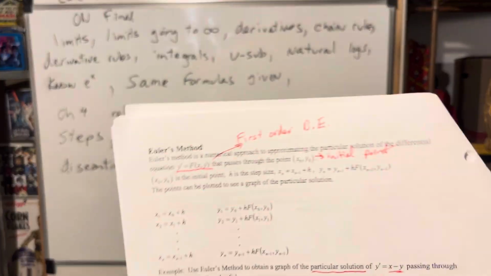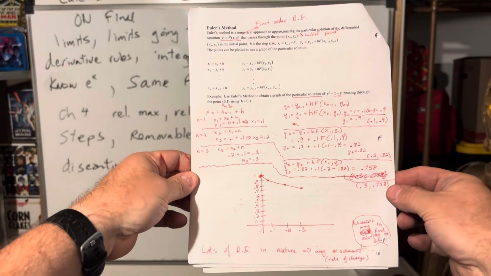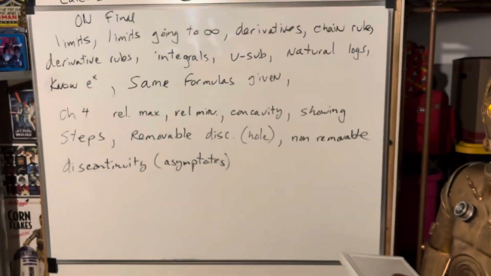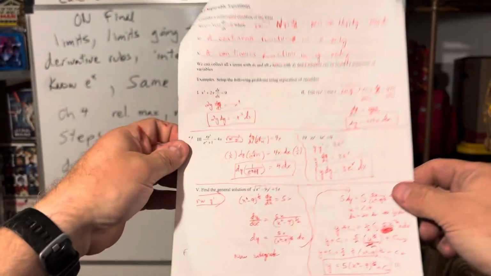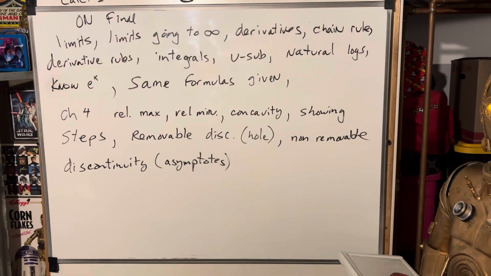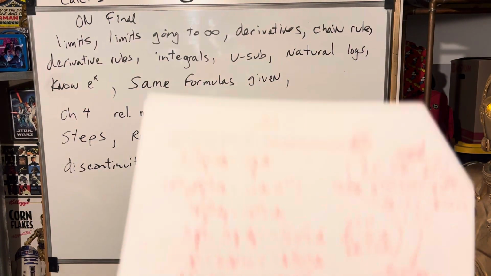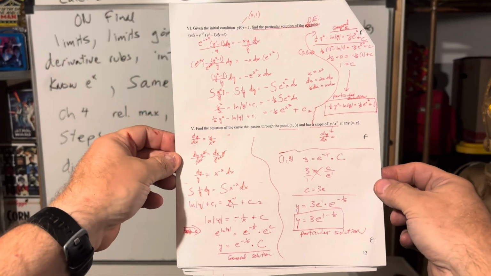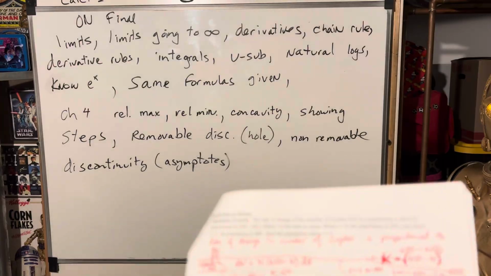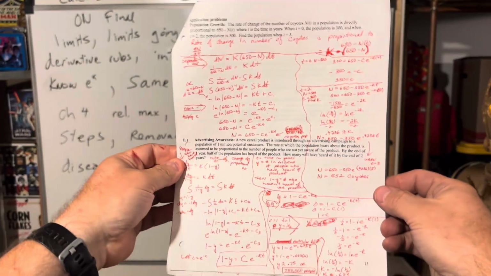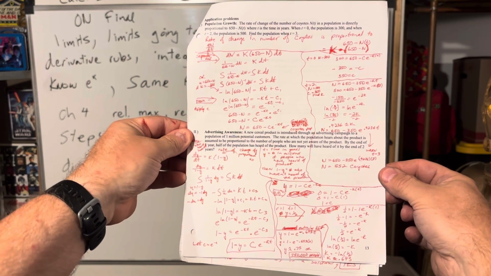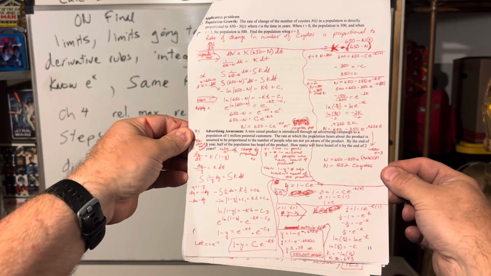Page 10. Page 11. Page 12. Page 13. That one's kind of a mess. Number 2.